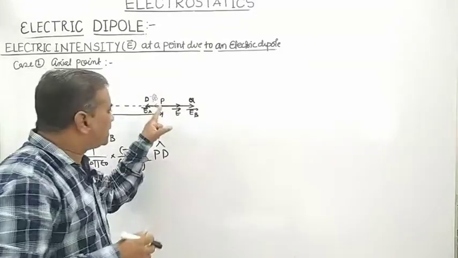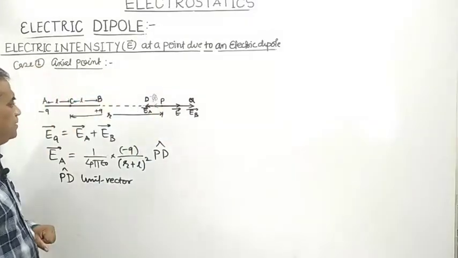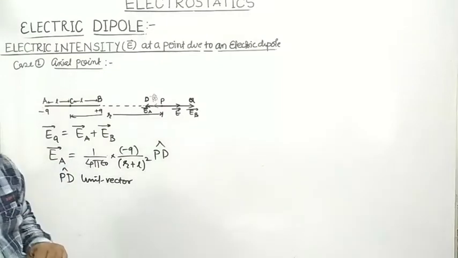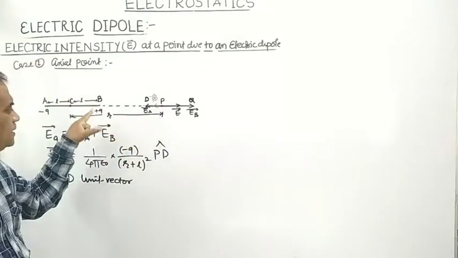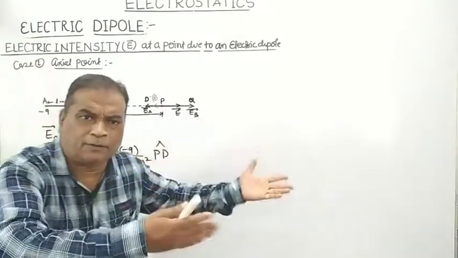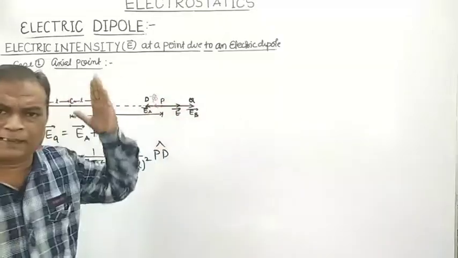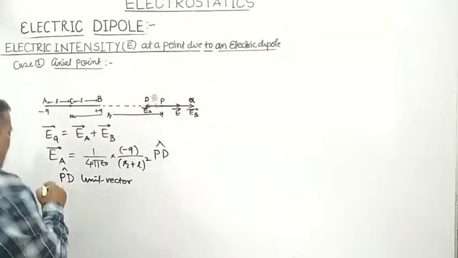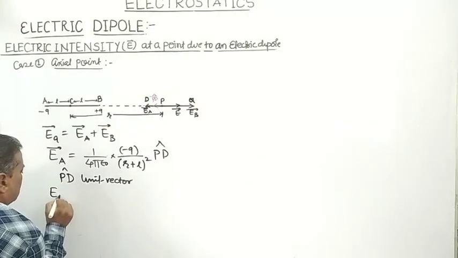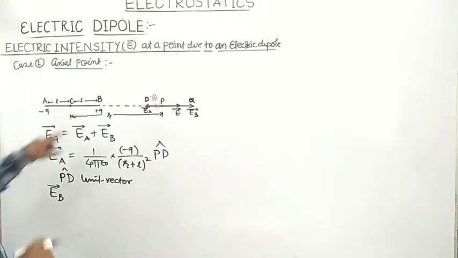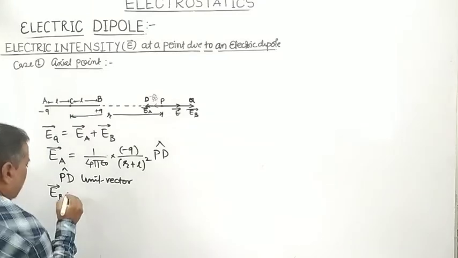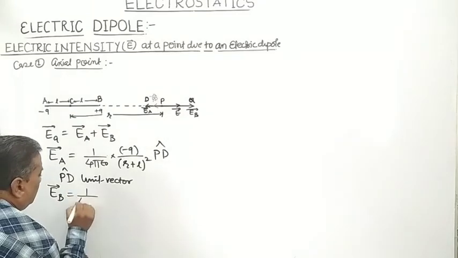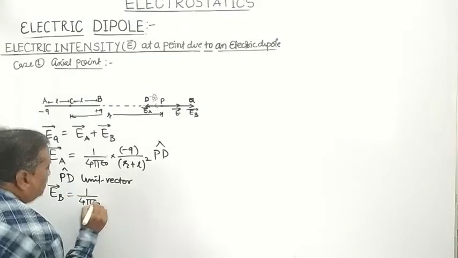Now, electric intensity at point P due to charge plus Q, because this plus Q charge will also contribute in the resultant electric intensity at point P. So, the electric intensity at point P due to charge plus Q at point B must be equal to 1 upon 4 pi epsilon 0.